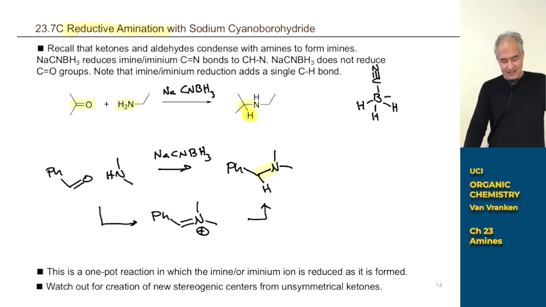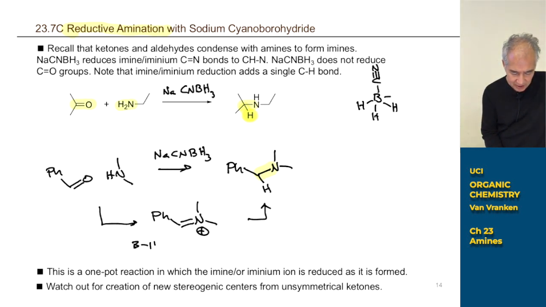Yes, there's acetic acid in here. Okay, so this is the whole point of using sodium cyanoborohydride. Sodium cyanoborohydride, with that electronegative cyano group on there, doesn't reduce the carbonyl, but it will reduce these super reactive iminium ions.